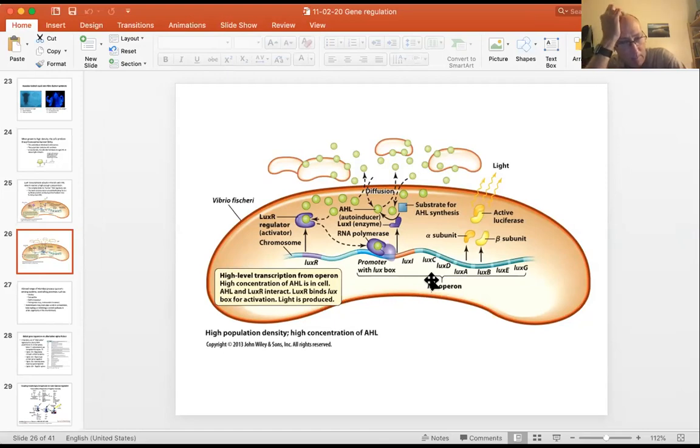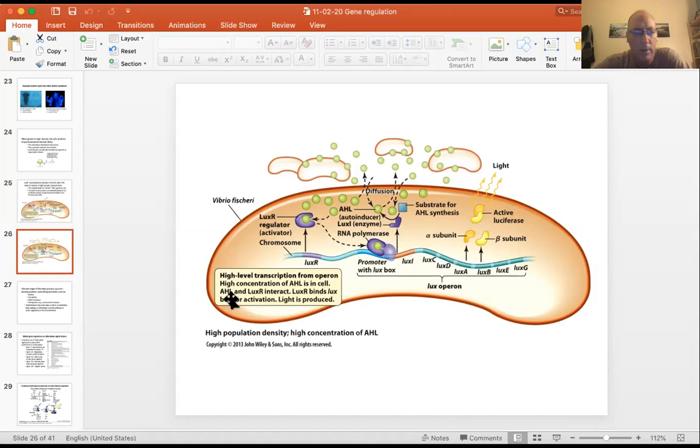That happens between about 10 to the 8th and 10 to the 9th CFU per mL of the vibrios inside the light organ. So when they start to build up, all of a sudden it turns on because of this positive feedback loop. All right, so hopefully you get the idea of how this works.